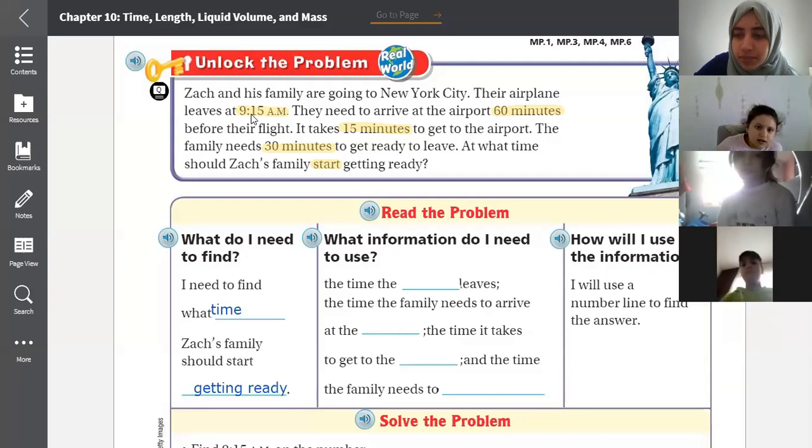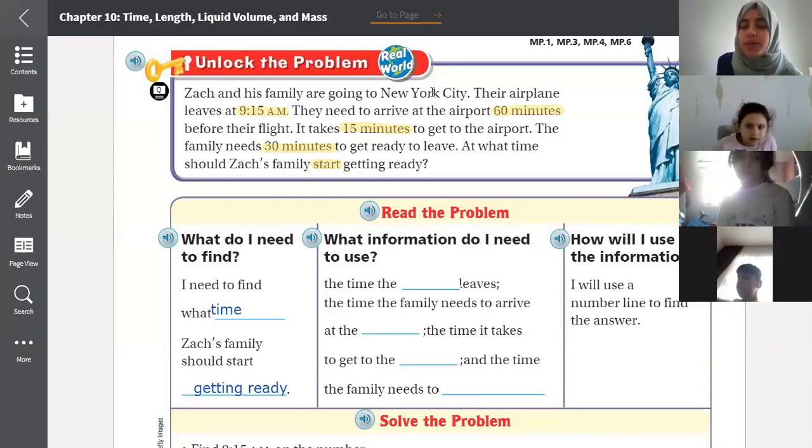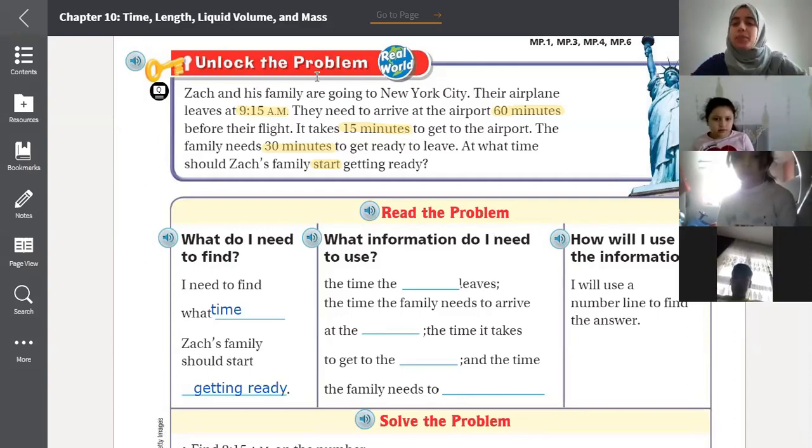at 9:15 a.m. So what's leaving at 9:15 a.m.? What's going to happen at 9:15 a.m.? They said their airplane leaves at 9:15 a.m. So what's going to happen at 9:15 a.m.? What's leaving? The airplane, Rana, is going to start moving at 9:15.